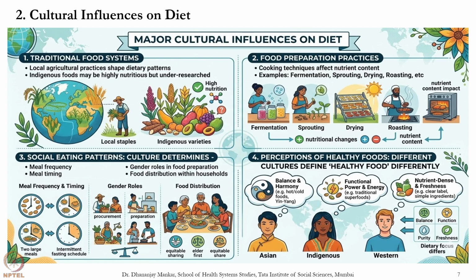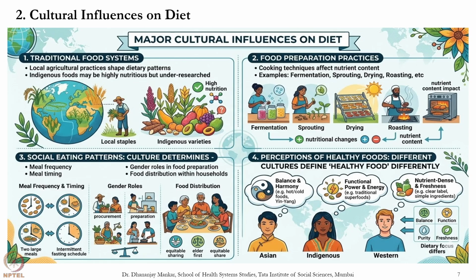The indigenous people are more towards powerful or energetic food, where traditional superfoods are concentrated on carbs and protein, which are rich in giving more energy. So they place more importance on superfoods, whereas the Western and newly developed concepts are more towards nutrient-dense food and sometimes the freshness of the food.